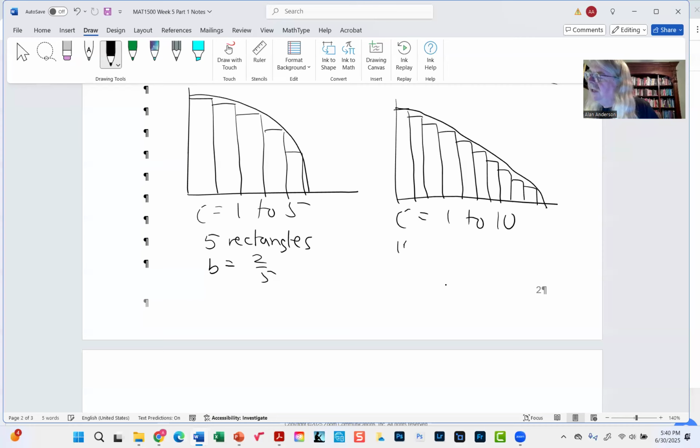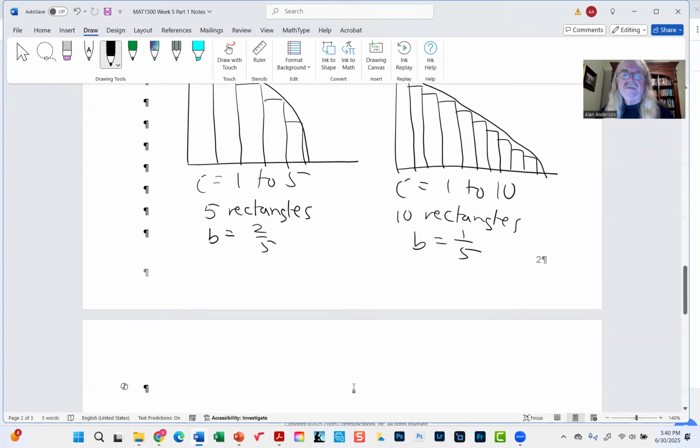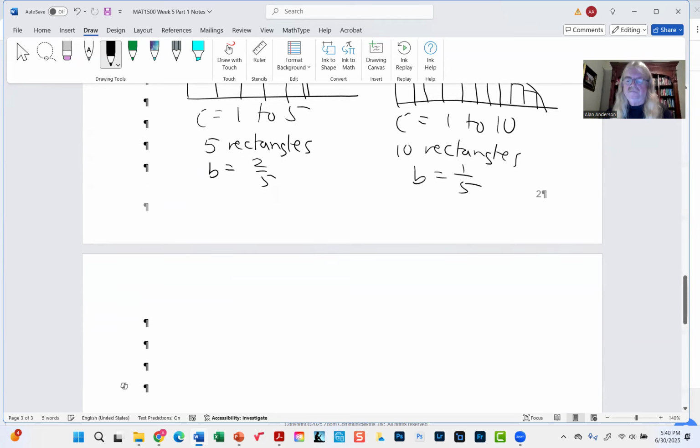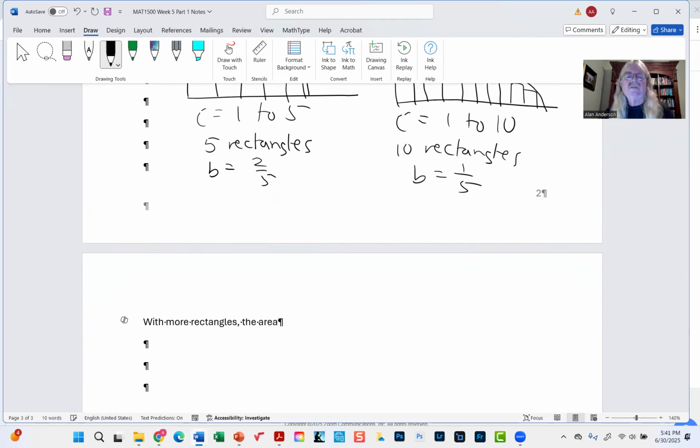If instead I tried 10 rectangles, each with a base of 1/5, it turns out that the area of the rectangles, and again, if we had a good diagram, it would be easier to see this, with more rectangles, the area of the rectangles gets closer to the actual area under the curve.